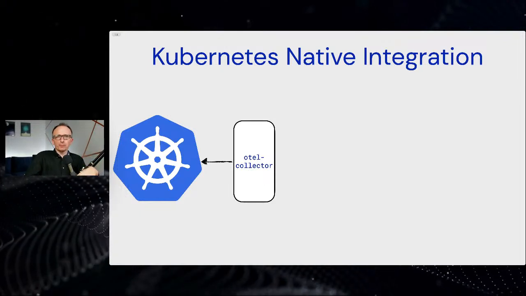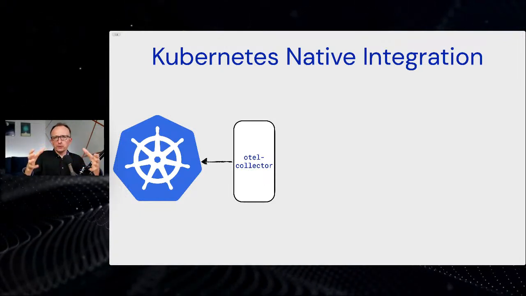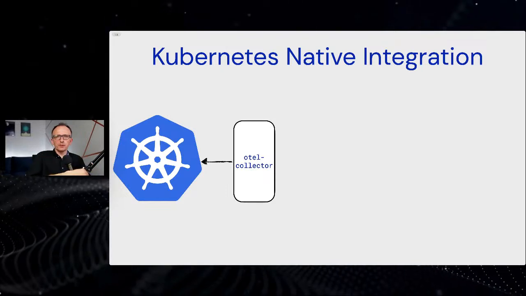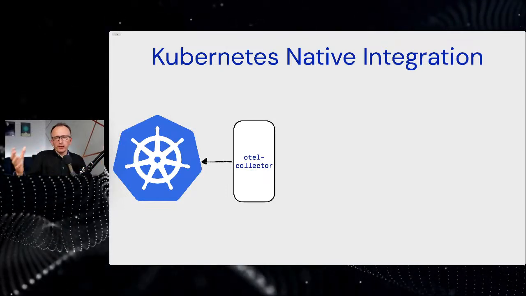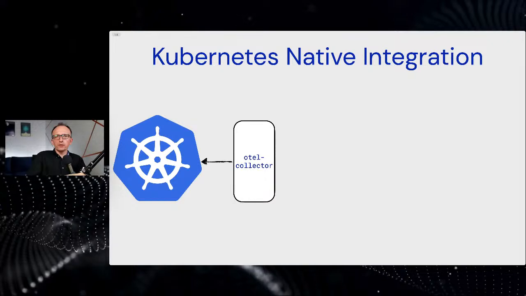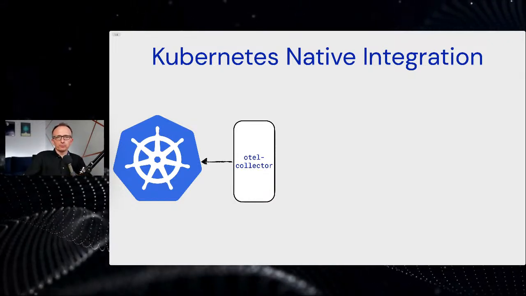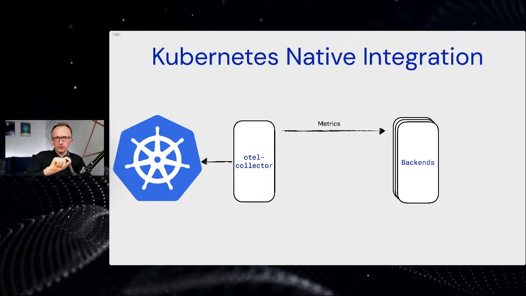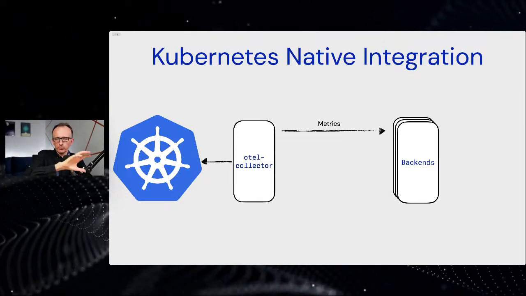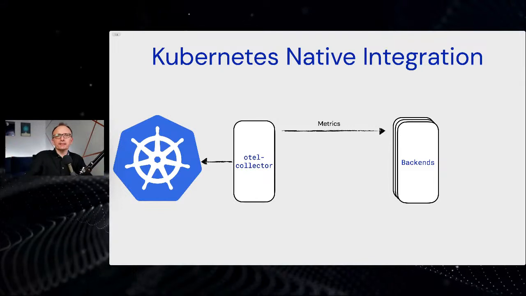Just imagine you install the OpenTelemetry collector as a container, as a pod on your cluster, and then you are able to send your metrics directly from your Kubernetes cluster to some backend.